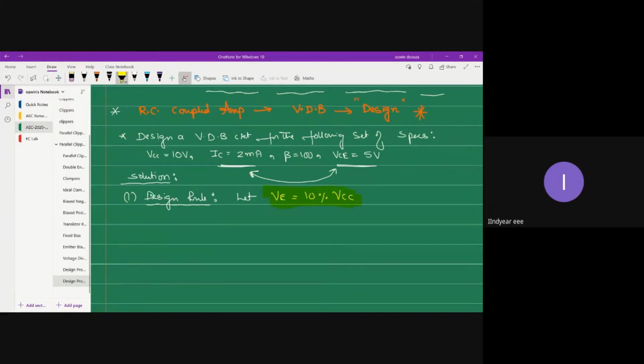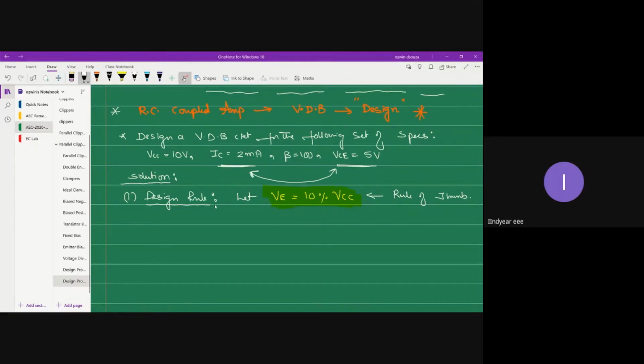And this assumption is based on rule of thumb. There is no scientific theory which can support this assumption, but the practical results support it. Theory cannot be derived, but from practicals we can say that whenever we assume this condition, we get favorable results. That's called rule of thumb. No question asked, but you have to consider it. That's the meaning of rule of thumb.